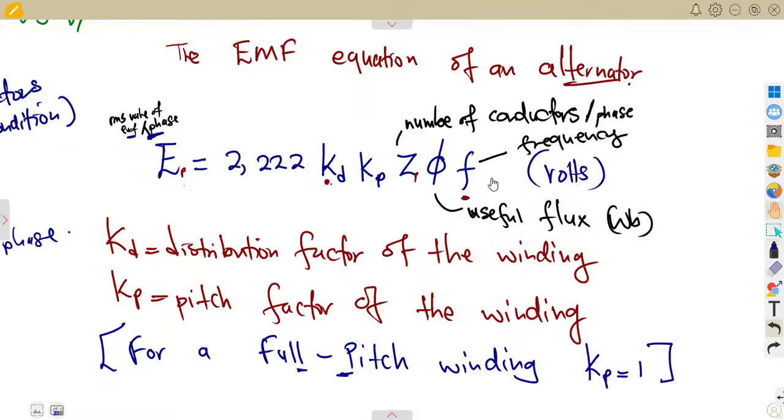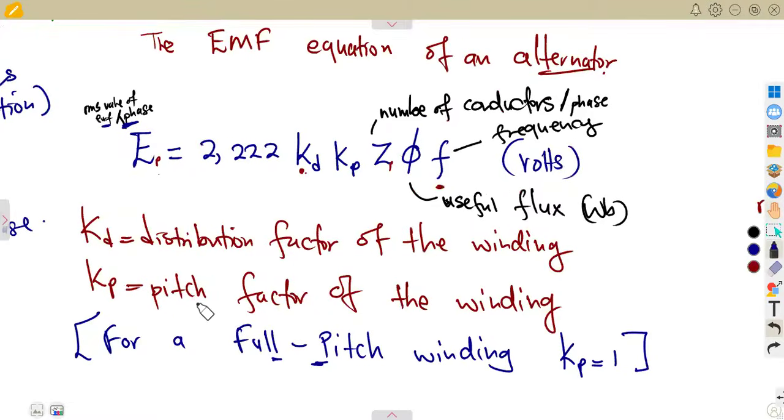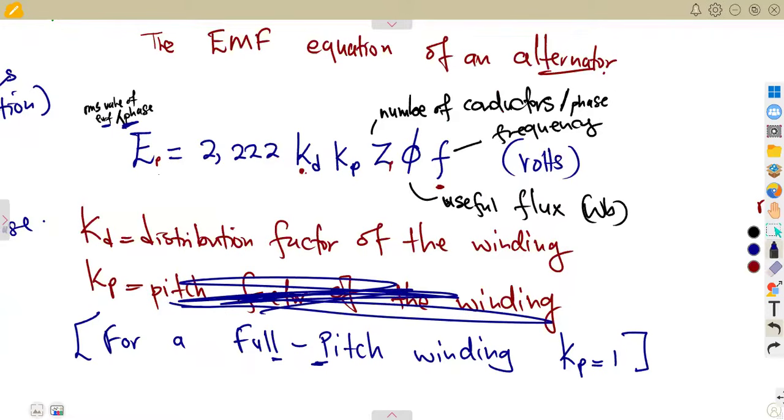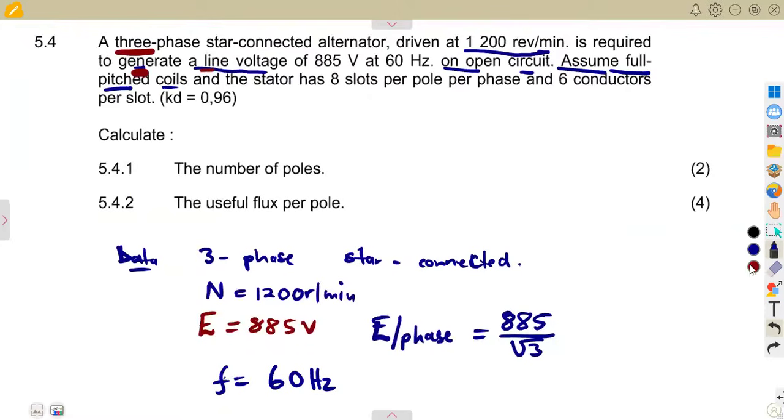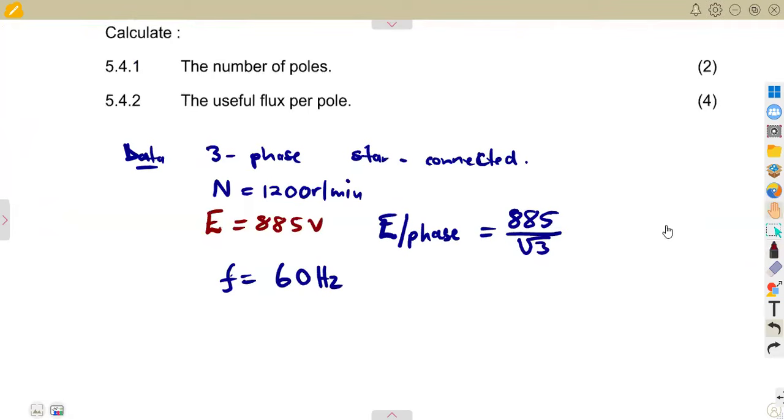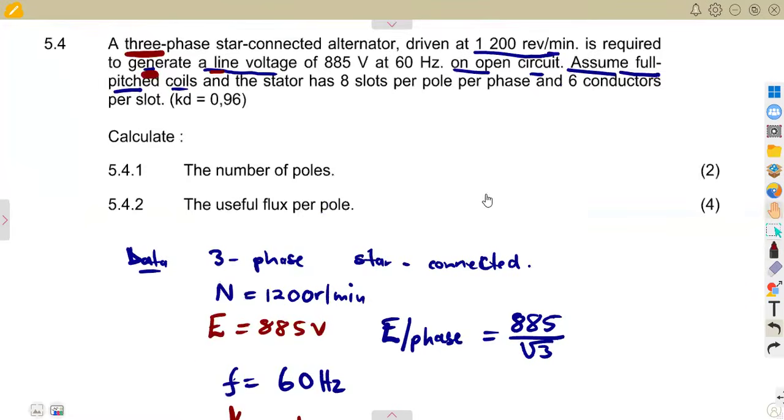Whenever you are talking about this, it is going to affect the pitch factor of the winding, Kp. For a full pitch winding, your Kp must be equal to 1, because it's full. So they are saying assume it's a full pitched coil. So we are given the pitch factor to be 1.